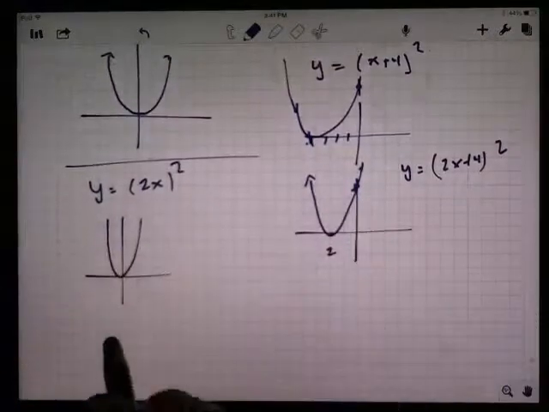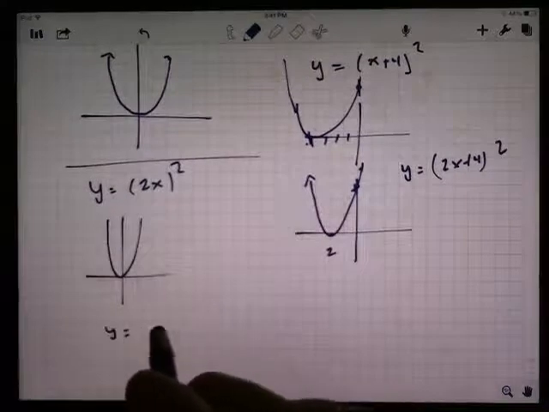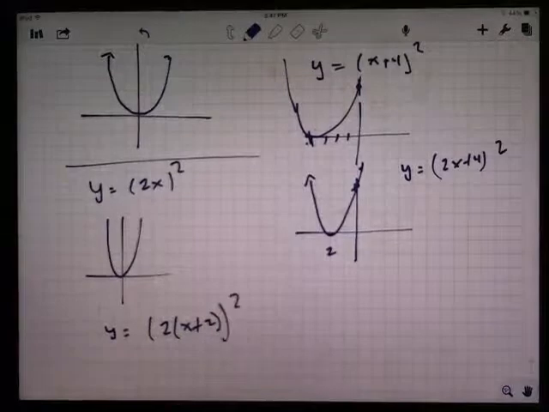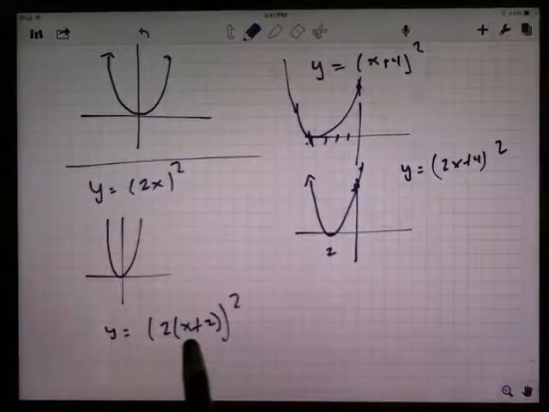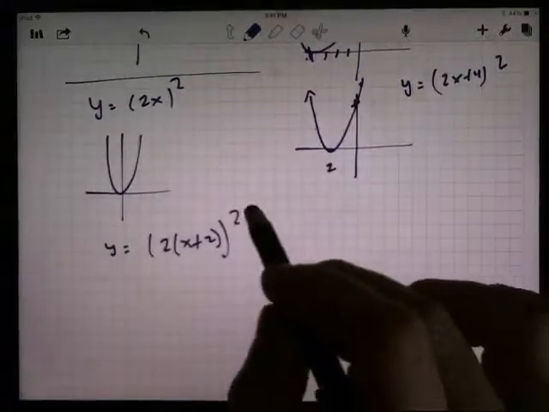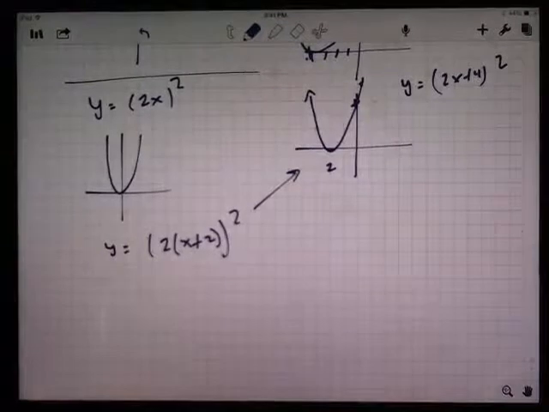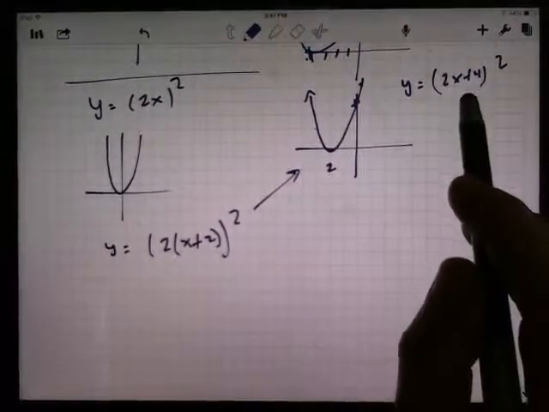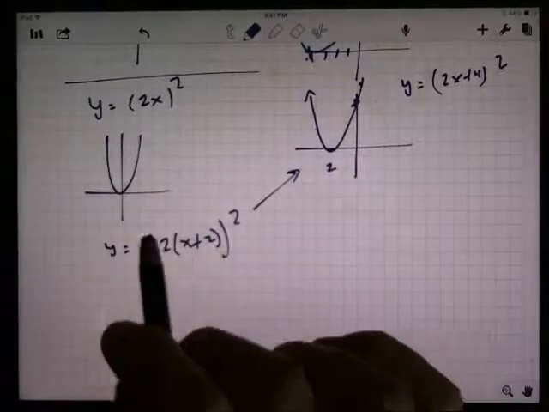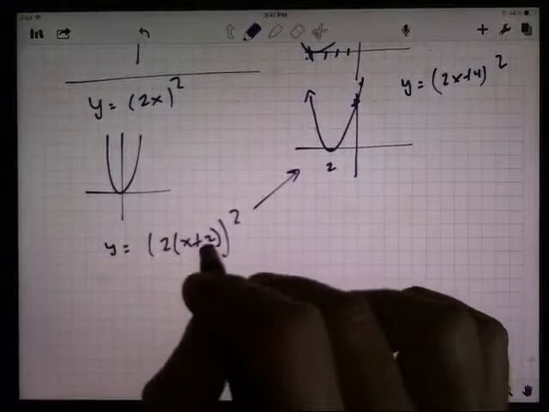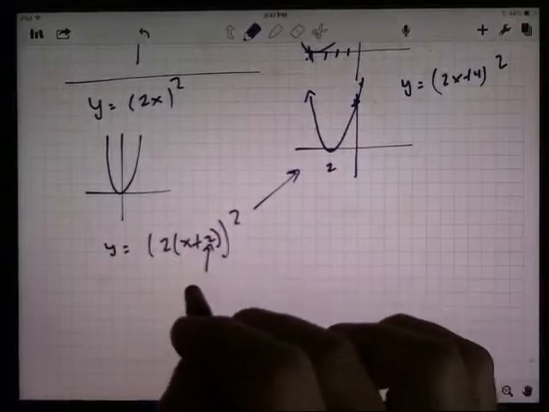I actually have to replace x by x plus 2. Replacing x by x plus 2 shifts it 2 to the left. And so that's this graph right here. If you multiply it out, 2x plus 4, it looks like that. So inside the parentheses, I like it factored so that there's a 1 in front of the x, because then I can see the horizontal shift.